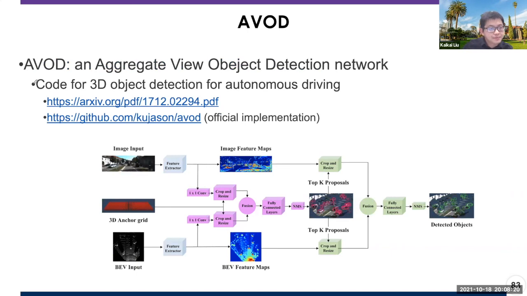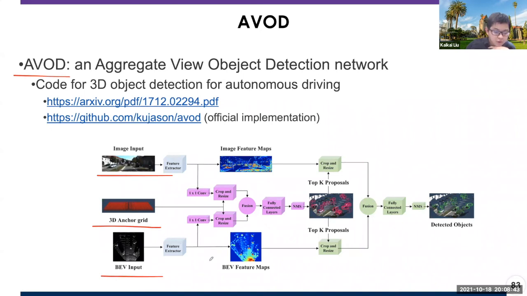Yeah, another famous fusion-based solution is called AVOD. It's called the Aggregate View Object Detection network. So instead of using multiple image views, they use the image view, the bird's eye view from the LiDAR, and a 3D anchor grid.